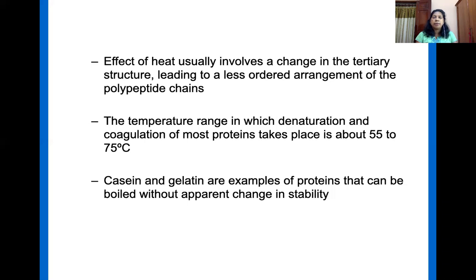In the case of gelatin, it is also heat stable. You can heat it, and once you cool it again, it denatures, but it can trap the water. So once you remove the water, you can get the gelatin back. So those are some proteins.